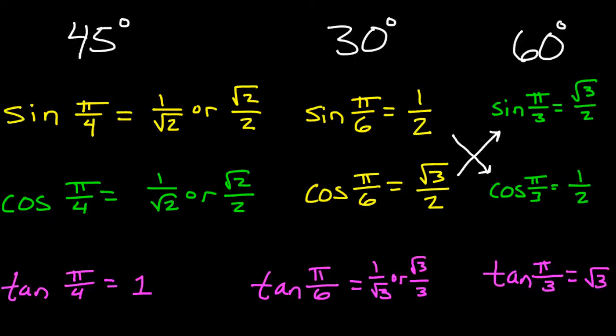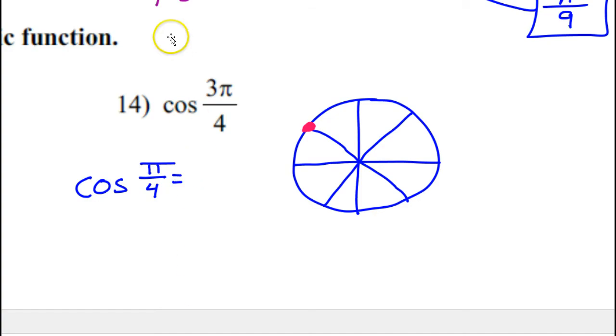The cosine of pi over 4 is radical 2 over 2. So the cosine of 3 pi over 4 is going to either be radical 2 over 2 or negative radical 2 over 2.